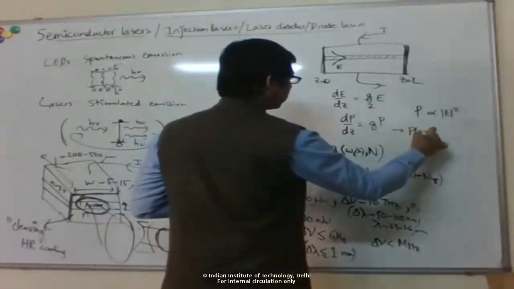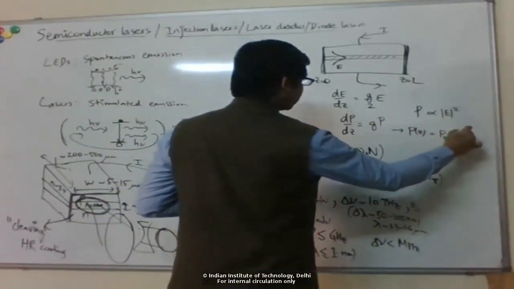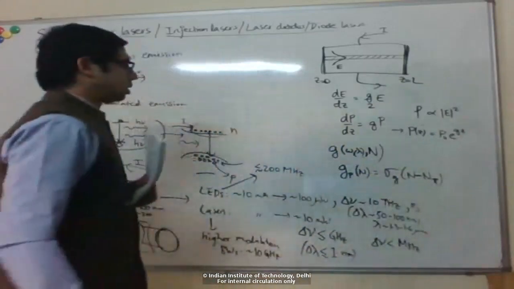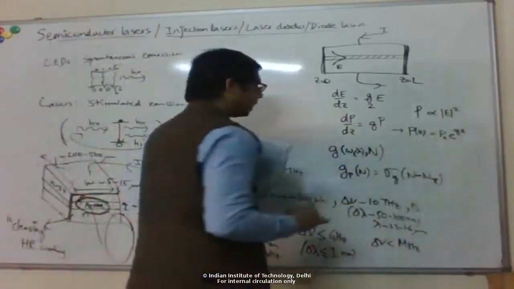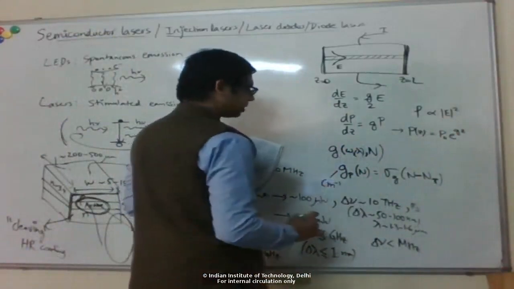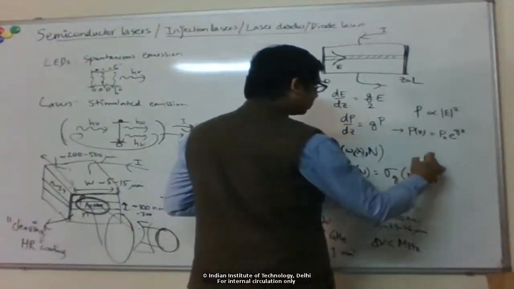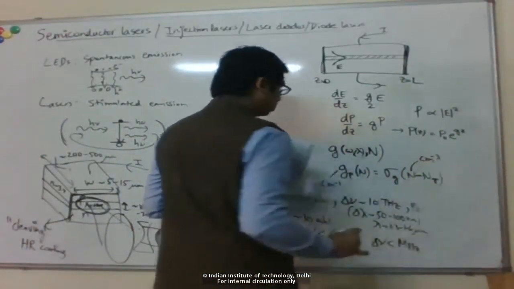For example, you can write the power like that, exponentially gain. So the units of G are typically per centimeter. This is the carrier concentration in the active region, so this is per centimeter cube.